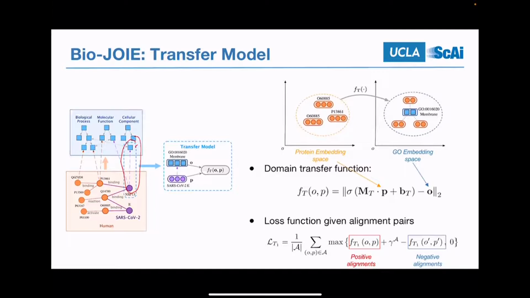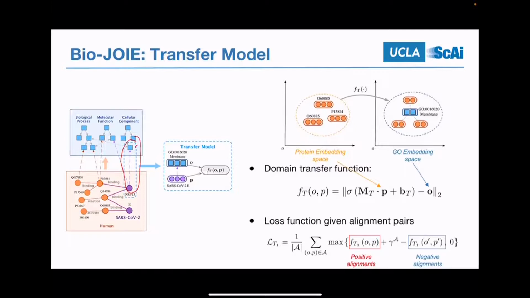Because there are two individual embedding spaces, we want to create a mapping that projects everything from one space, let's say the protein space, to the gene ontology space, such that if we know from gene ontology annotation that a protein has a certain function, or here a subcellular location, then once we map to that same space, they are very close to each other.